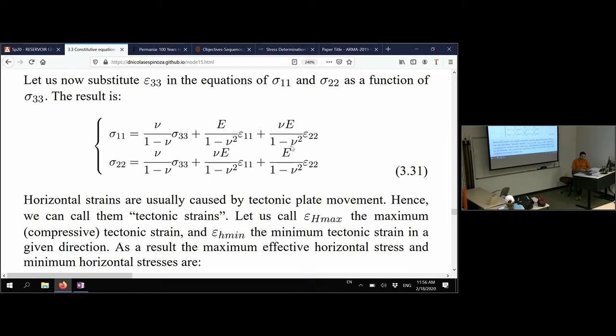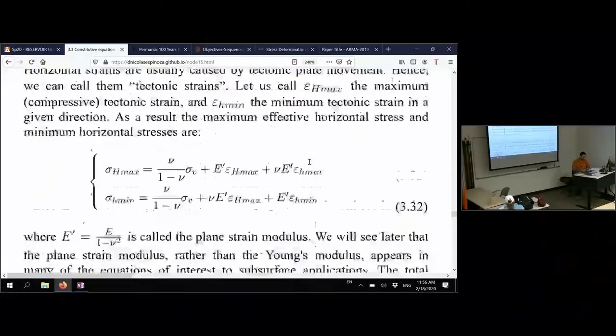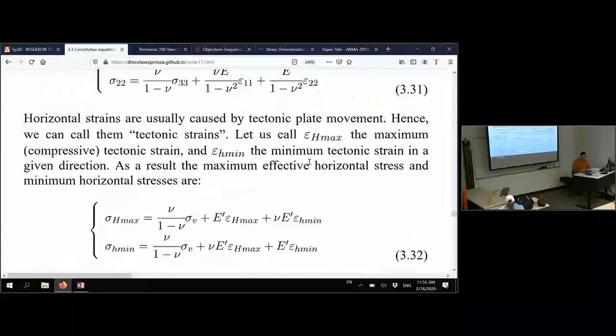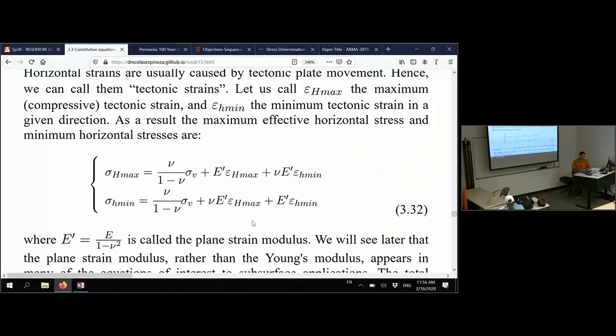Okay, these epsilon 1 and epsilon 2, we're going to call them tectonic strains, epsilon h max and epsilon h min. So epsilon h max will be the tectonic strain in which we have the highest compression, and epsilon h min will be the tectonic strain in which we have the least compression.